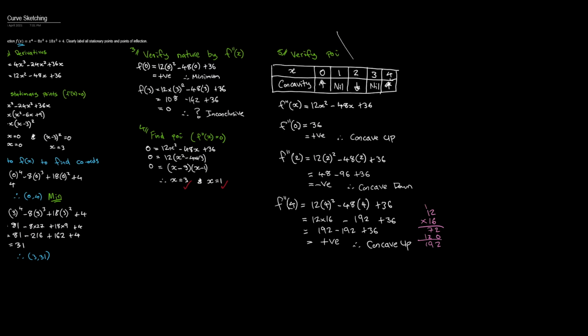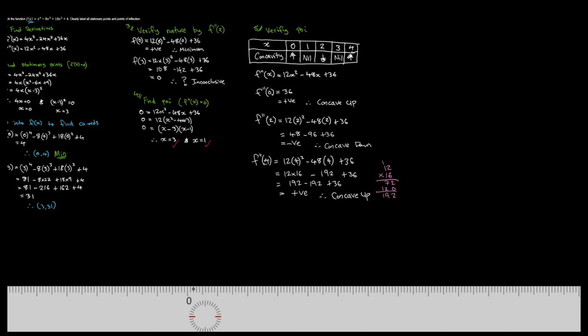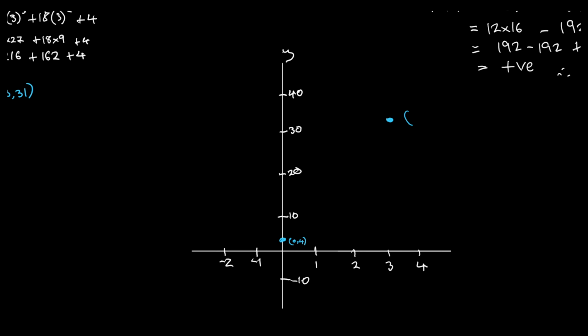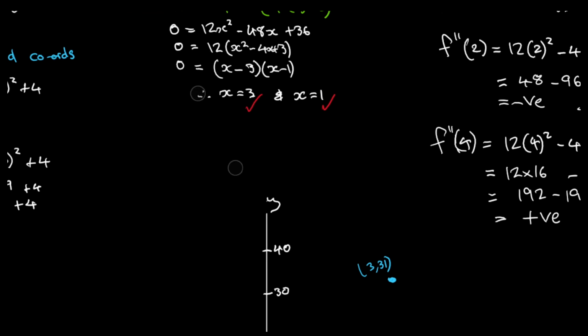Now we'll need to sketch this function. I've lazily not found, and you can see why you need to find the coordinates as you go, because if you get to this stage and you've run out of, you don't want to do that.